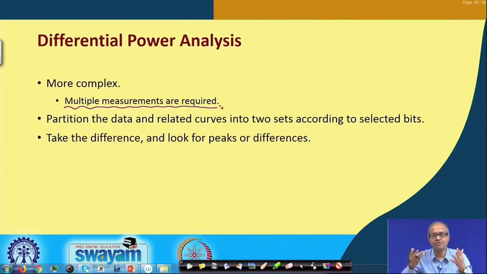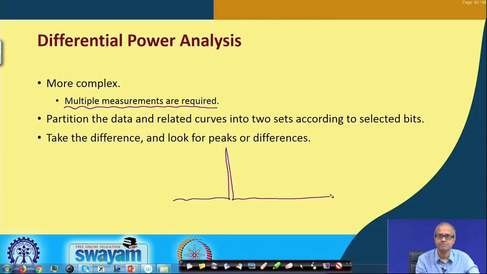Let us say for the example like modular exponentiation for RSA. Here we make multiple measurements, we do some kind of a comparison of the different waveforms, we do subtraction, and we try to see after subtraction whether we get some peaks somewhere or not.